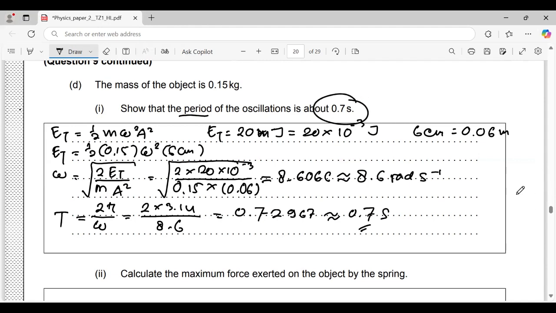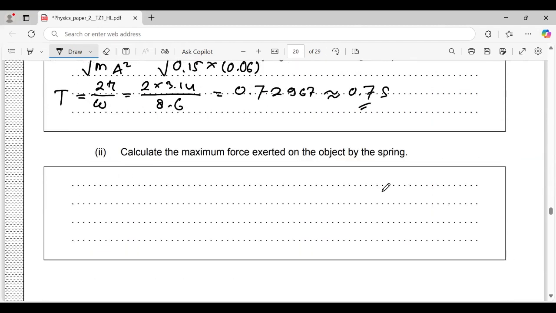Calculate the maximum force exerted on the object by the spring. I would like to find the maximum acceleration.